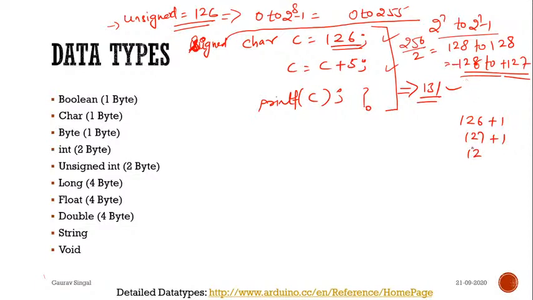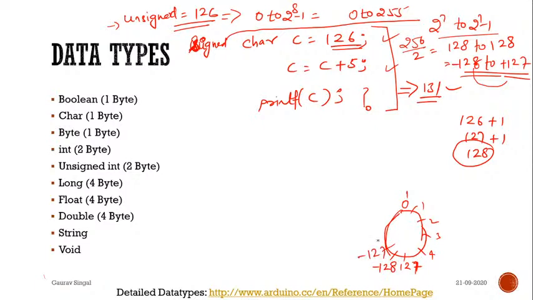Sorry, I mentioned it wrongly. Not 128, because there is no number plus 128 in this range. You can see the range is only these numbers. So how will you do it? Suppose you make a circle: 0, 1, 2, 3, 4. It will reach 127. After that, it will start from minus 128, and go till minus 1, minus 2.